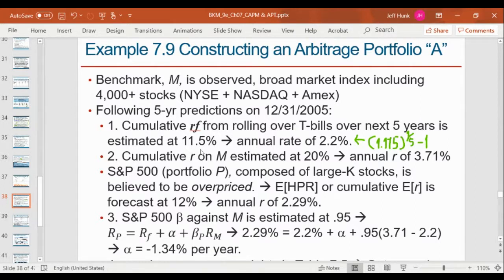Because the 1-year T-bill spot rate will change over time, right? Unless you put your money into a 5-year treasury note, no annual rate is guaranteed. If you're putting your money into a 1-year T-bill, this year the 1-year T-bill rate may be 1 point something, 1.5. Next year, that spot rate may not be 1.5.